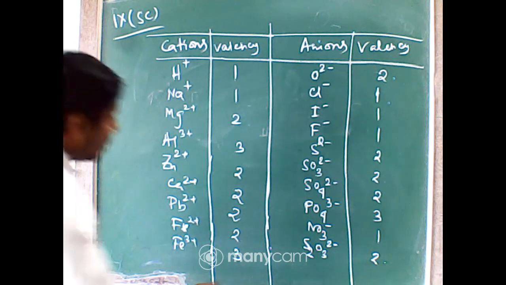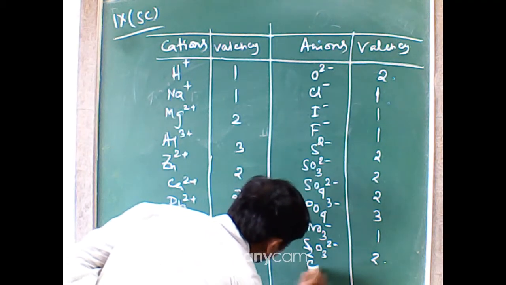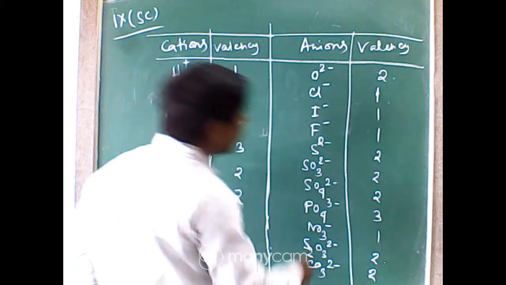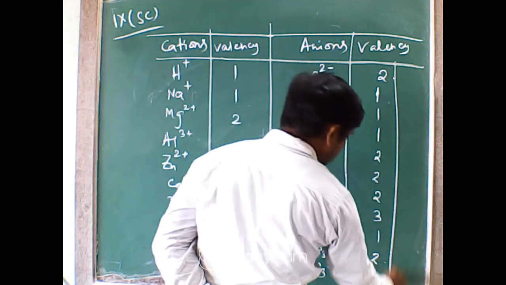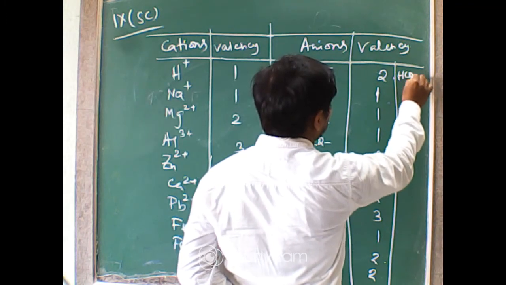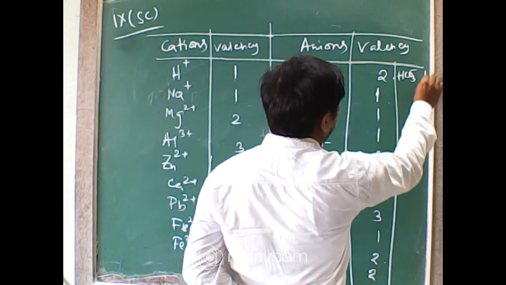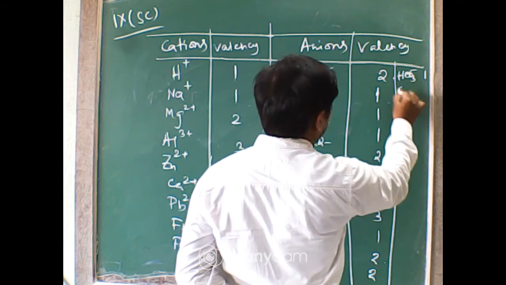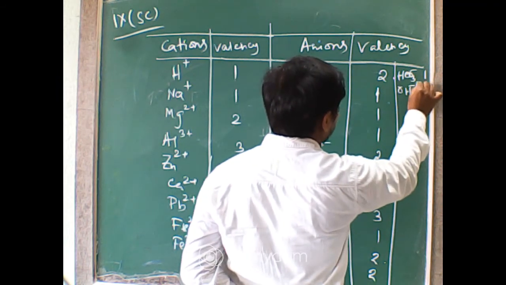Another one right here: CO3 2 minus 2. There is also HCO3 minus 1 and OH minus 1.